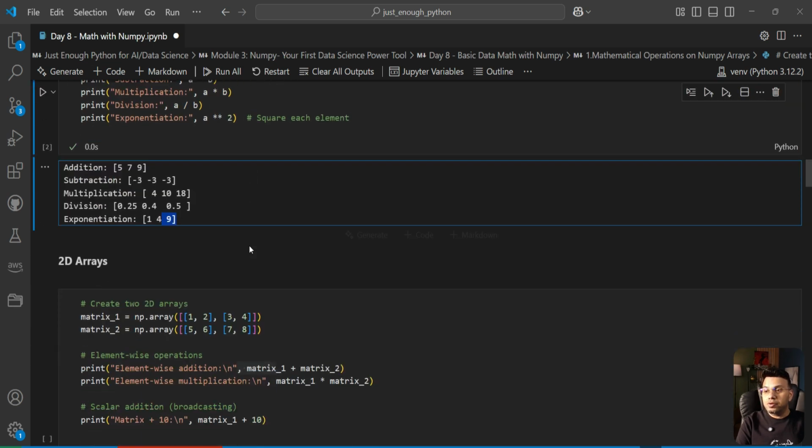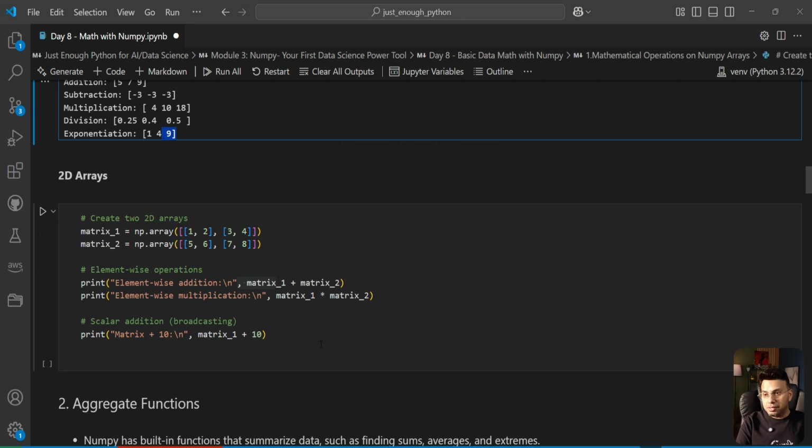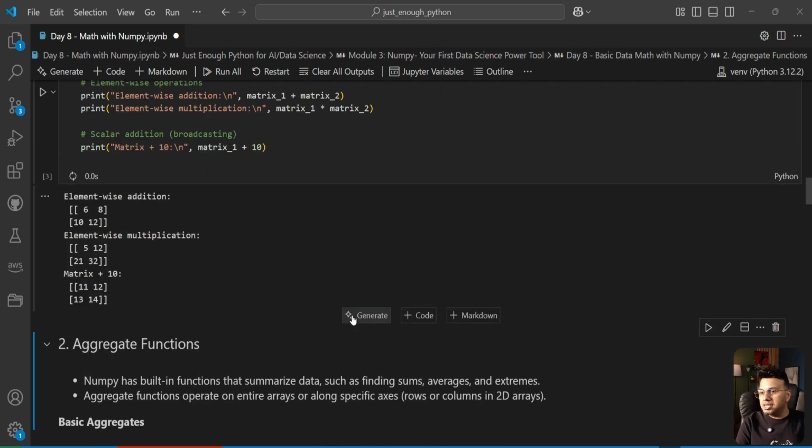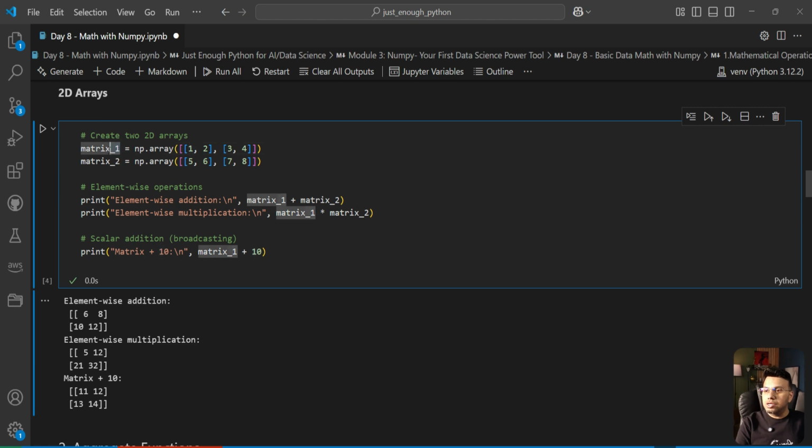Let's see what we can do with two-dimensional array. Let's first execute this code and then we will look at the outputs. We are first creating two two-dimensional arrays named matrix_1 and matrix_2. If you are wondering, a two-dimensional array can also be called matrix. You will hear this word matrix a lot.